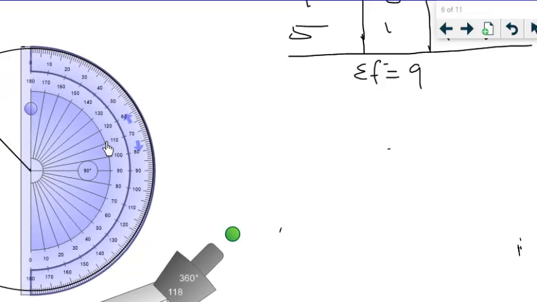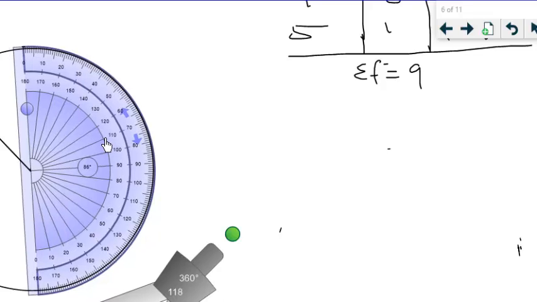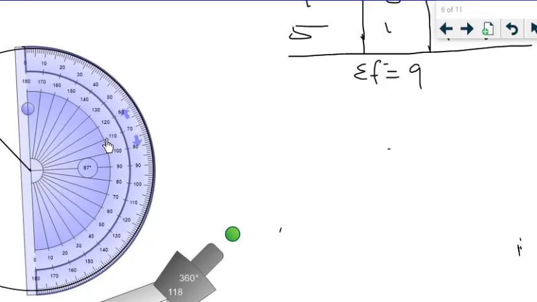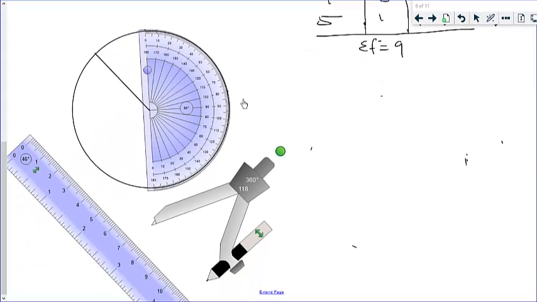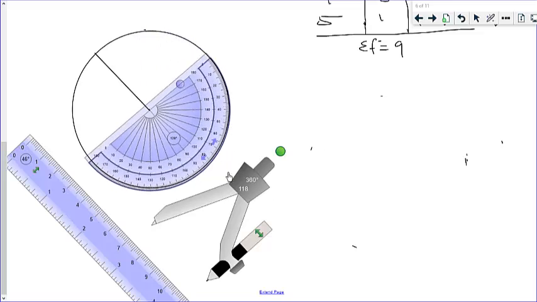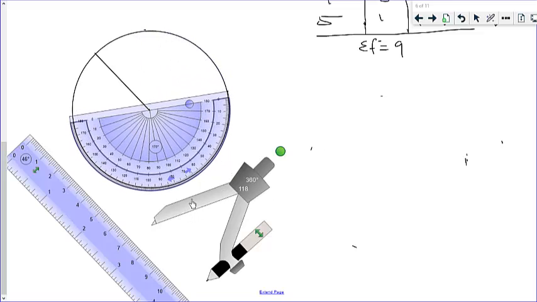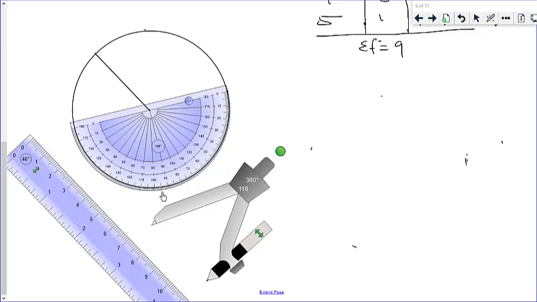And the next angle is 80 degrees. 80 degrees will be somewhere here. Next angle is 120 degrees, which will be somewhere here.